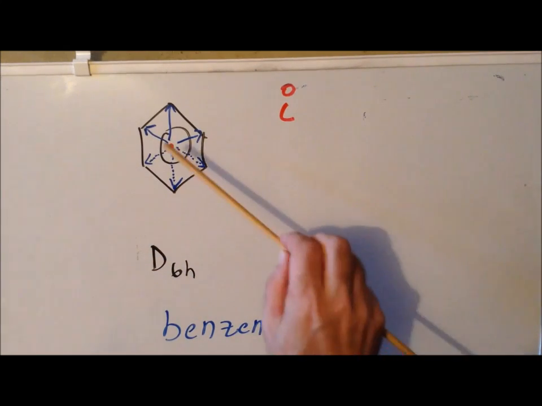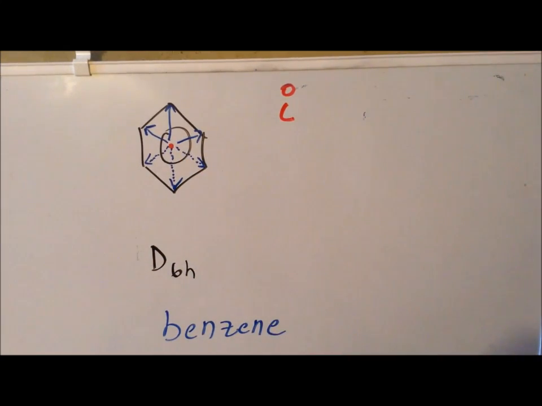Since benzene is a common chemical that we find in the laboratory, we can easily do vibrational spectroscopy upon it and determine beyond any doubt that it does have a center of inversion. So that's additional evidence that the structure we believe to be true for benzene actually is true.